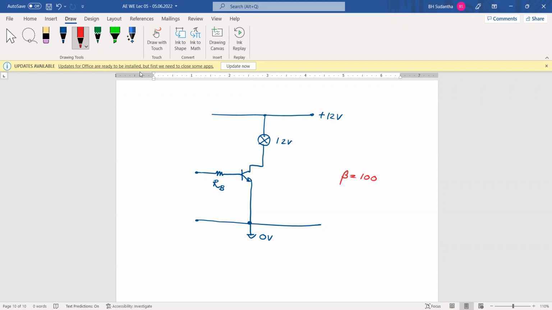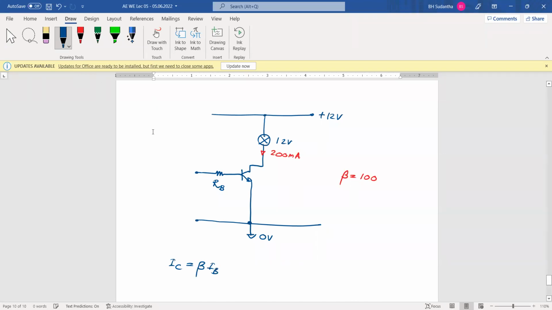Then the current of this 12 volt bulb may be 200 milliampere. We need that current. Okay. Then if it is 200 milliampere, we can find IB. Normally, in the linear region, this equation is valid: IC equals beta times IB.